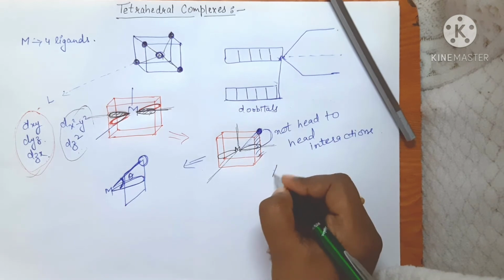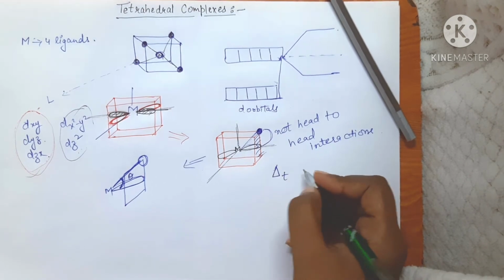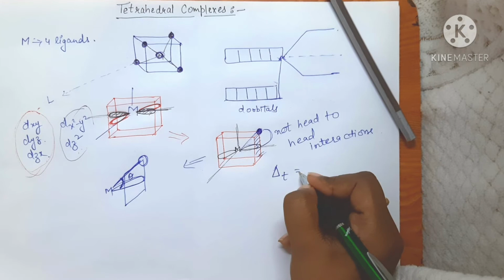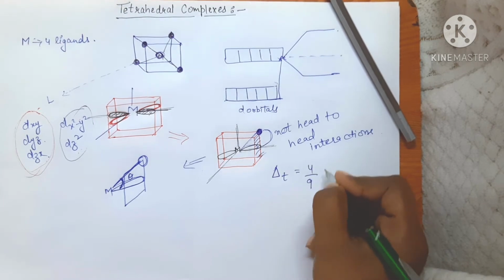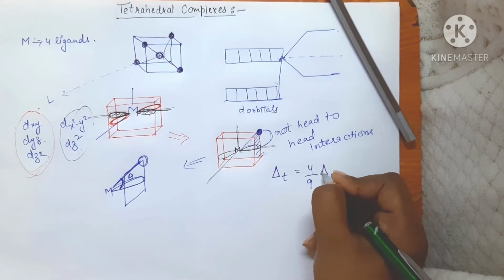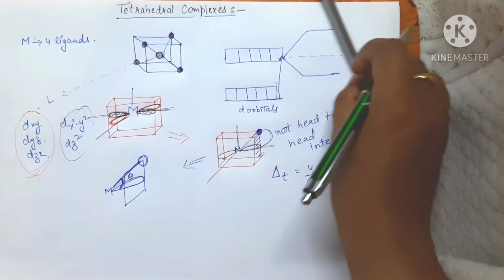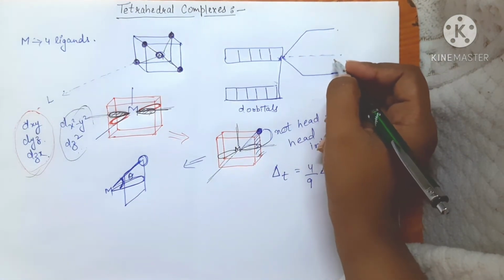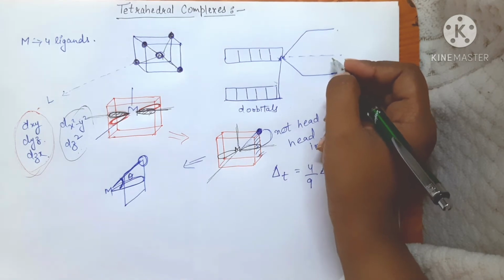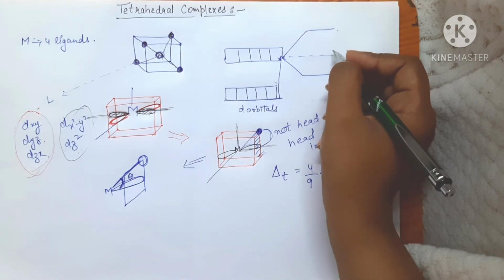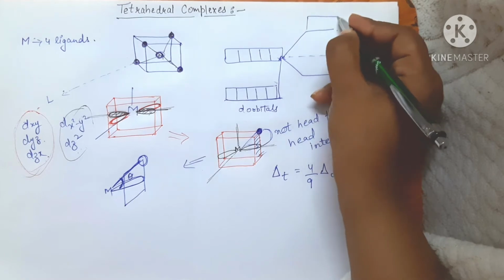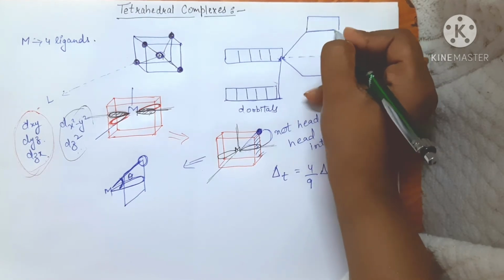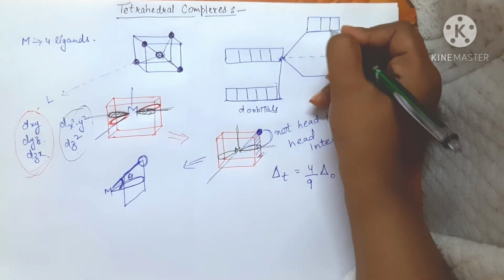Before that, if we look at the splitting of these tetrahedral complexes, it is 4/9 times Δo, that is, octahedral. So if we talk a little bit about the splitting, what happens? See, dxy, dyz and dzx are going to get excited because they are going to attach with the ligand directly.